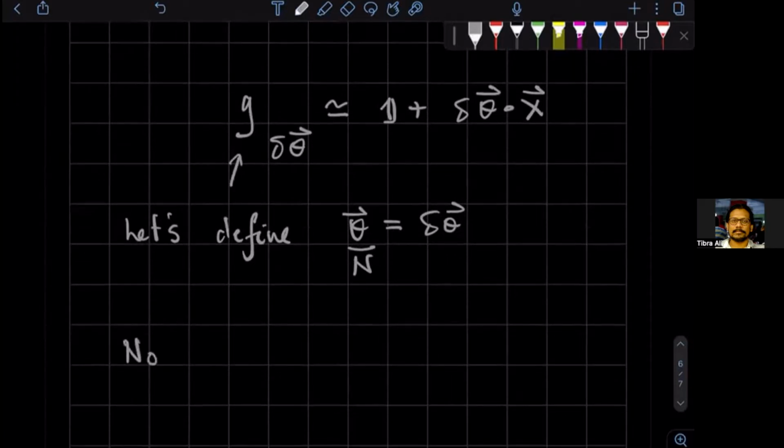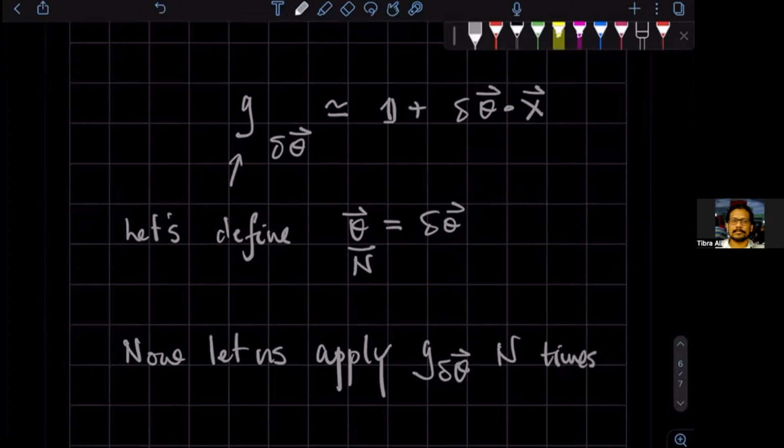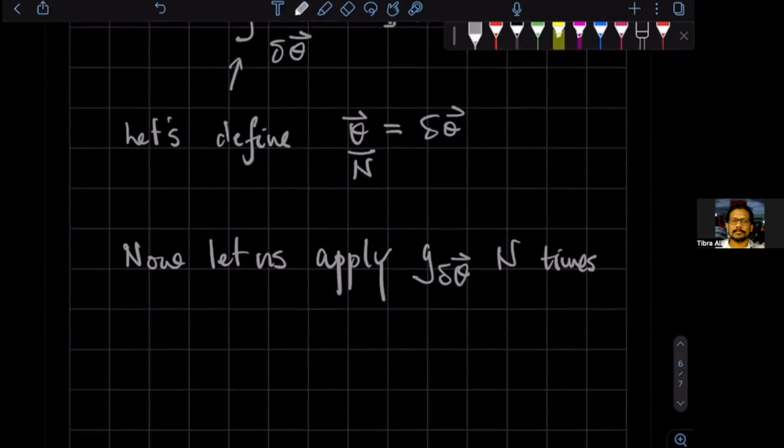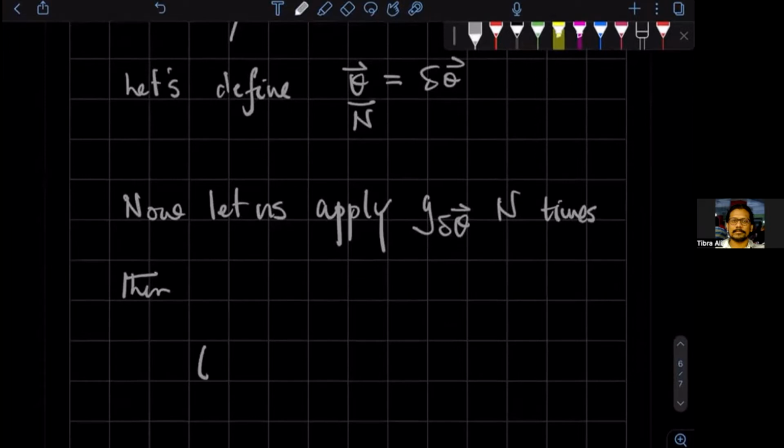So now let us apply G of delta theta n times, then the element that we get is 1 plus delta theta dot x, to the power n.